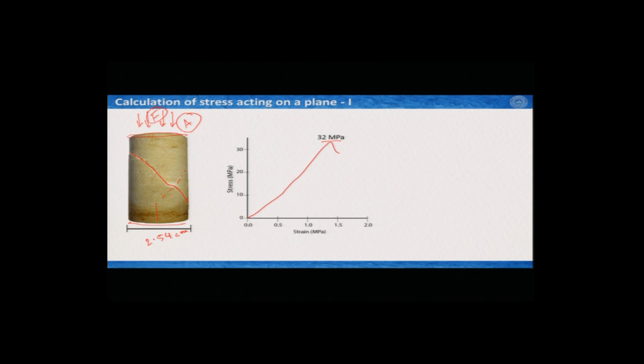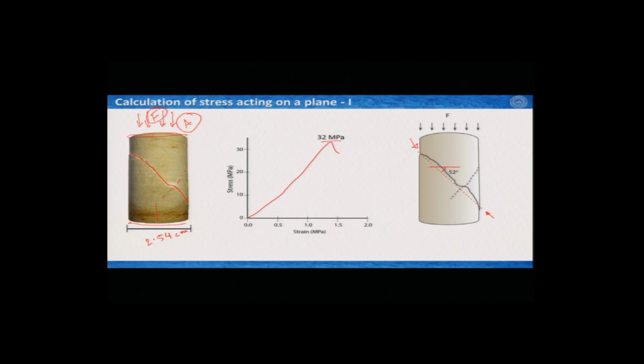So, if I summarize, the image of the deformed sandstone looks like this. You can approximate this plane as this red dotted line here, and you can figure out the angle is about 52 degrees with the horizontal plane.